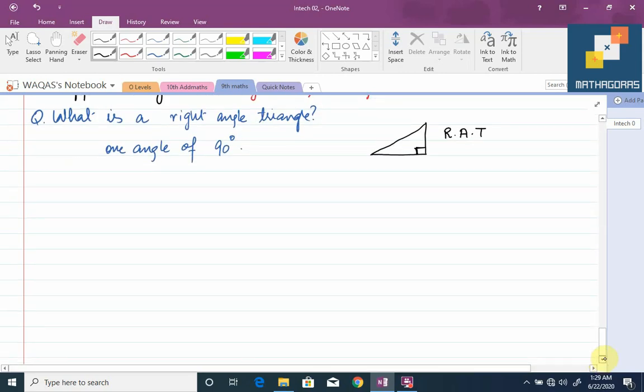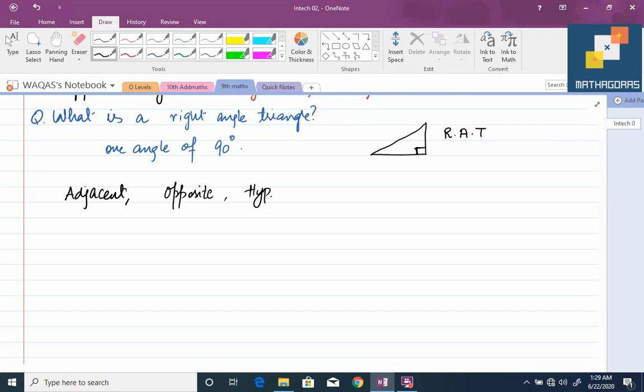Now in a right angle triangle there are three sides named adjacent, opposite and hypotenuse. There are three sides of a right angle triangle: adjacent, opposite and hypotenuse.